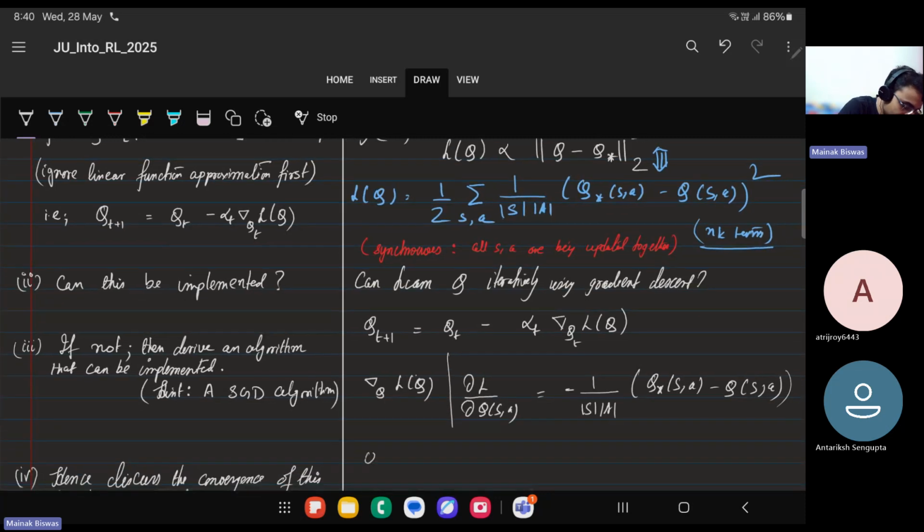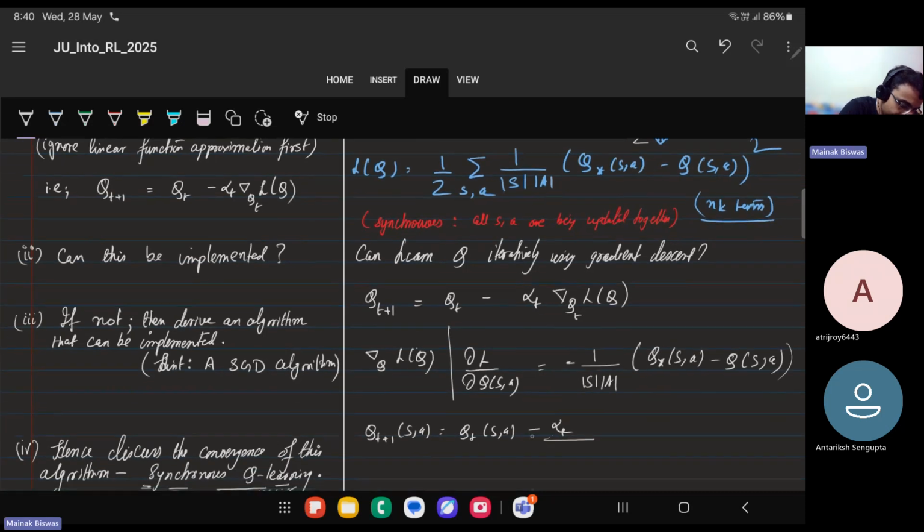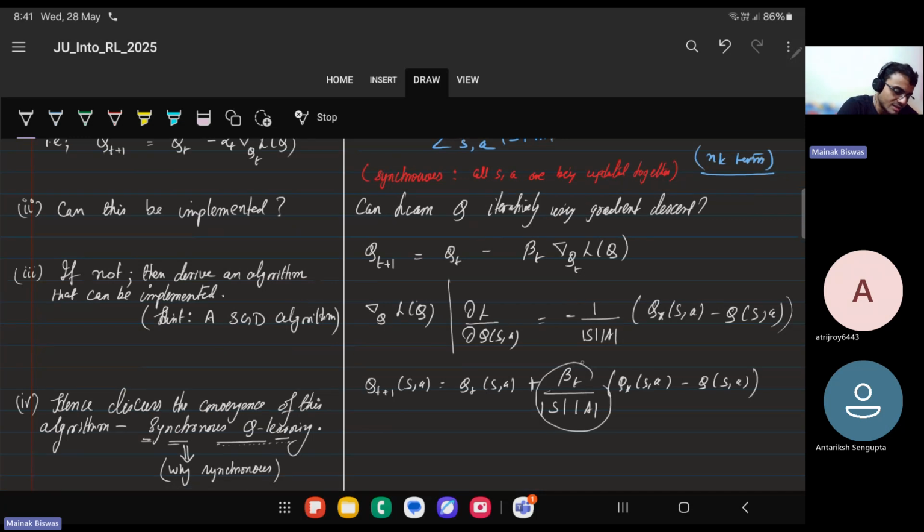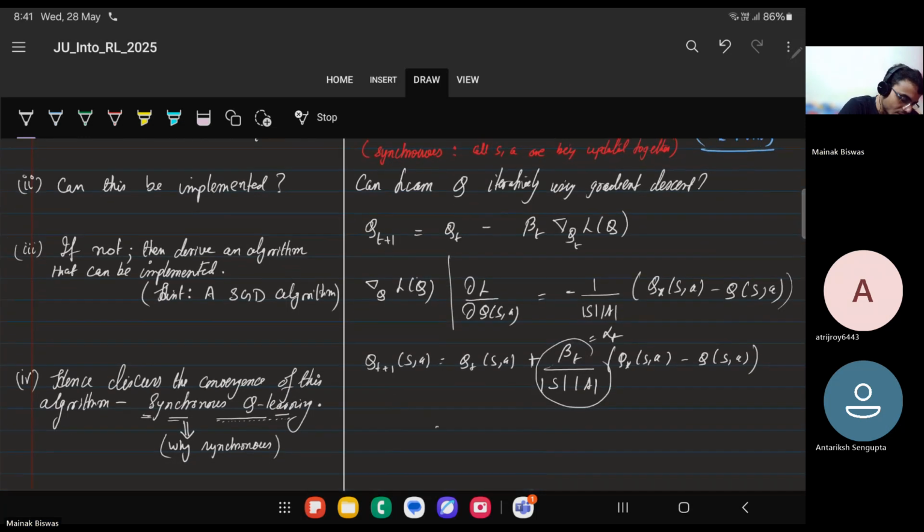So now I will write qt plus 1 for s comma a as qt of sa plus alpha t by sa. For the timing, I'll write this as beta t. This will help us. Beta t s comma a, q star of s comma a minus q of s comma a. And I'll say that this is equal to qt of s comma a plus alpha t times q star of s comma a minus q of s comma a.